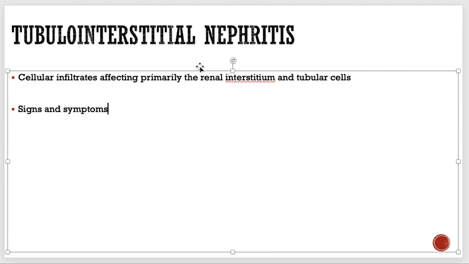Most of the time, this tubulointerstitial nephritis occurs due to a reaction to drugs. The most common drugs are penicillins or NSAIDs.